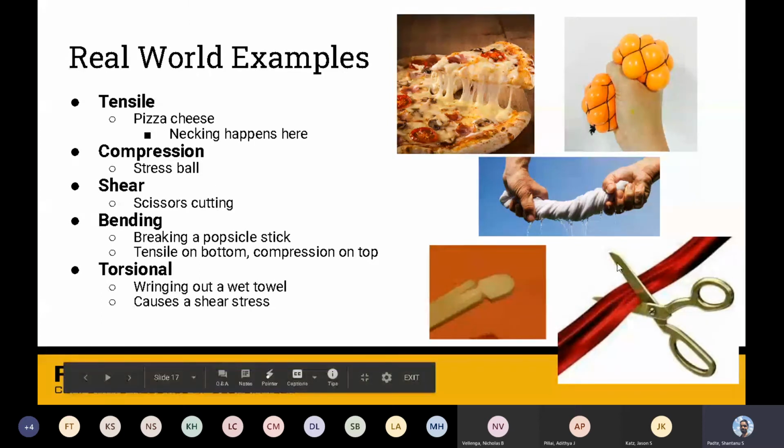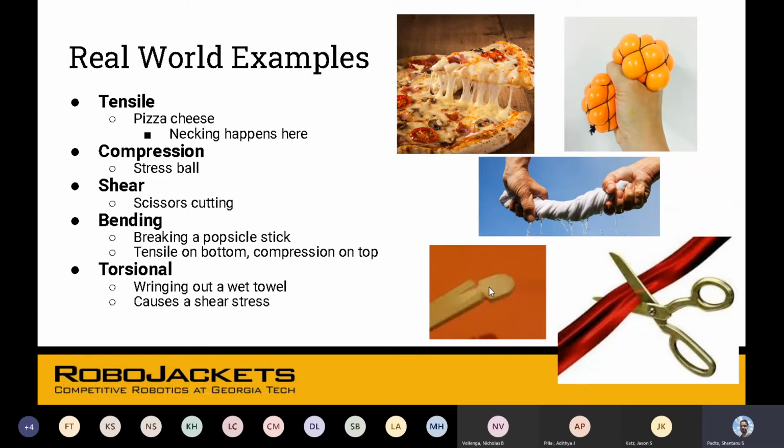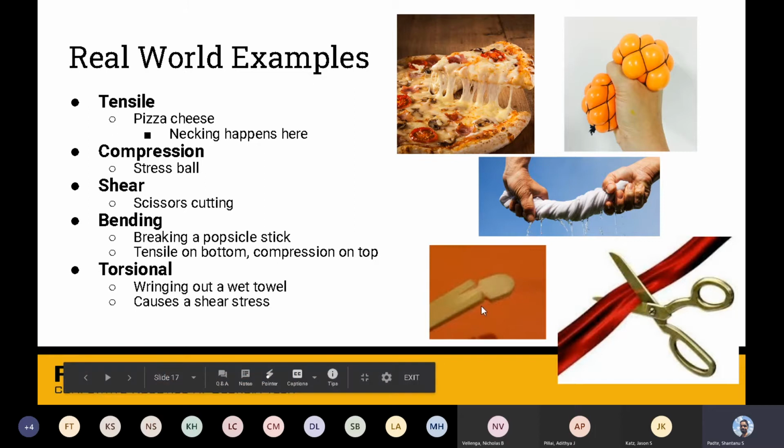These two blades of the scissors are parallel to each other, and so they apply shear stress to the material in between. Bending: this popsicle stick got bent. And torsional stress is when you're wringing out, when you're twisting something.